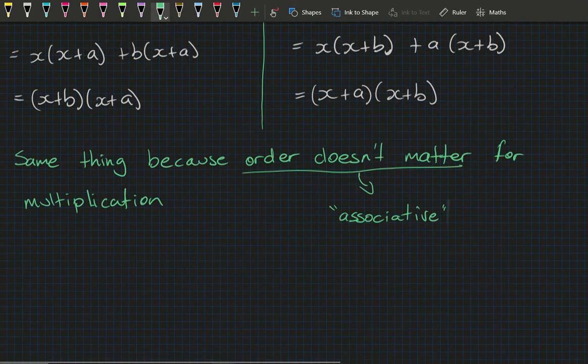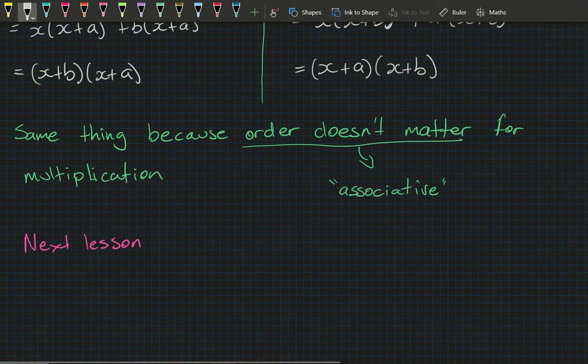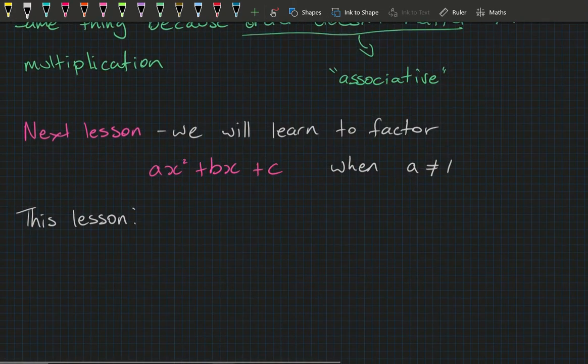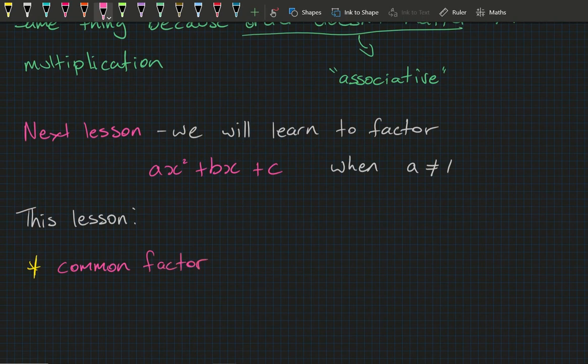Now, in our next lesson, we're going to learn how to factor a times x squared plus bx plus c when a is not equal to 1. But in this lesson, if you see a is not equal to 1 in a trinomial, you'll need to find a common factor for the whole trinomial.